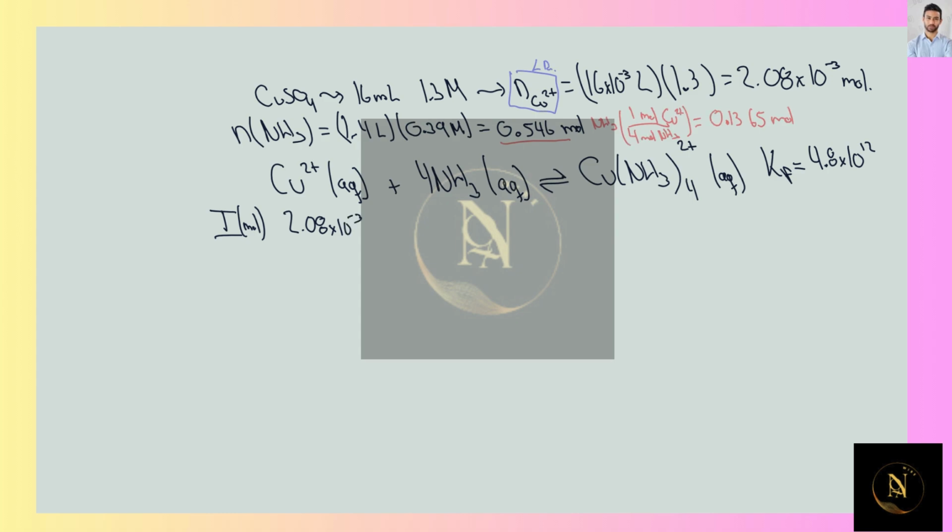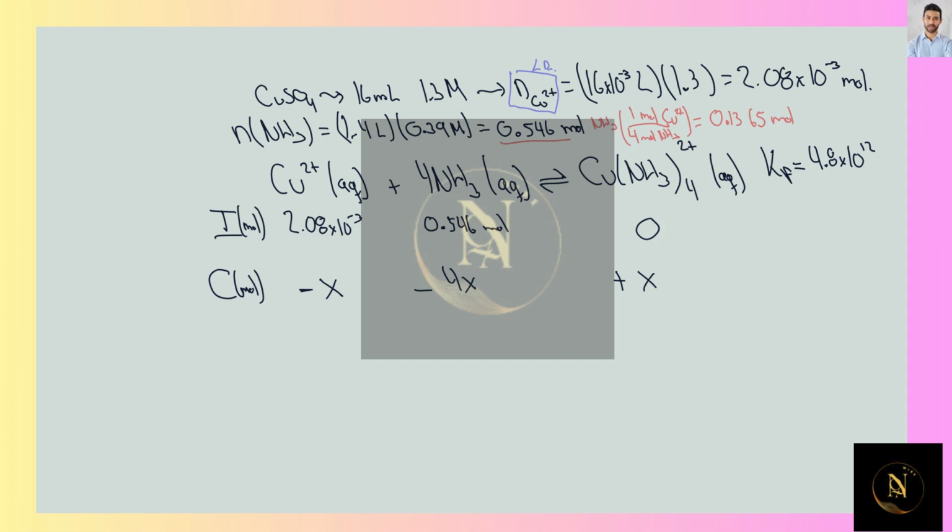The initial amount of mole that we have of NH3 is 0.546. And let's assume that we're going to have 0 of the complex. The amount of change in mole that we're going to have, let's call it X. In this case, this would be minus 4X. And in this case, it would be plus X. That is the amount of copper 2 plus that is going to react.